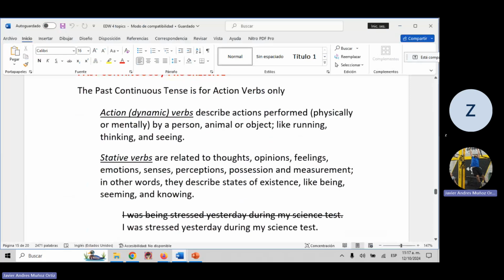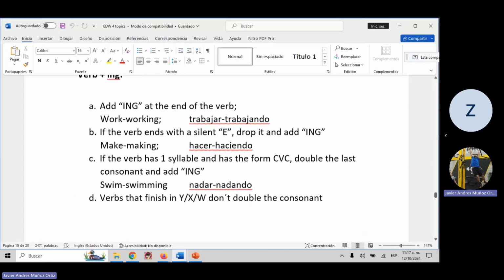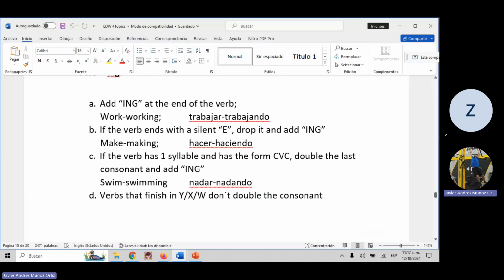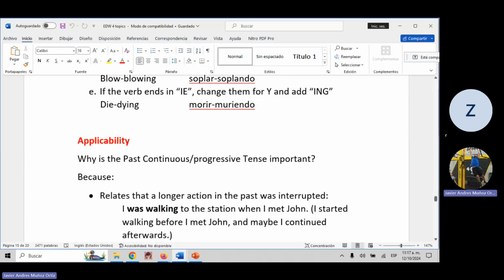Let's remember that we have stative verbs and action verbs. Action verbs because they generate actions, right? They are also called dynamic verbs or movement verbs. So this main verb is going to be modified by adding ing. With a little more than that, but in general, we just add ing.